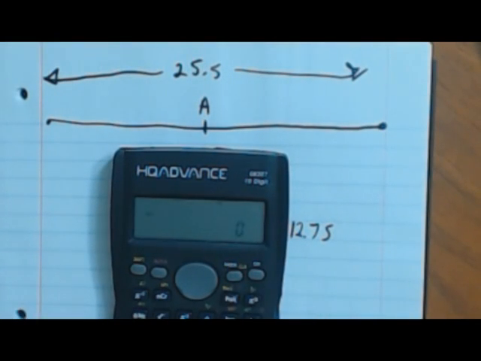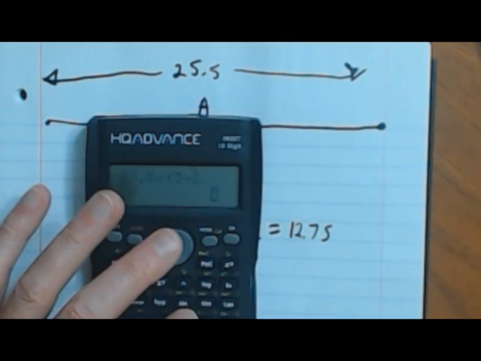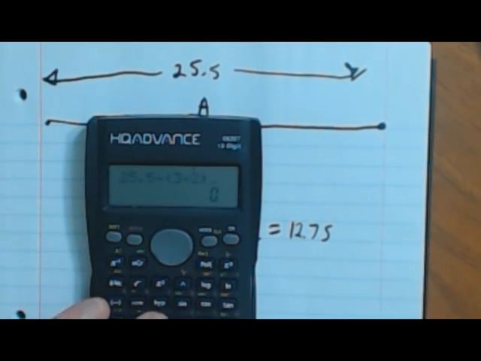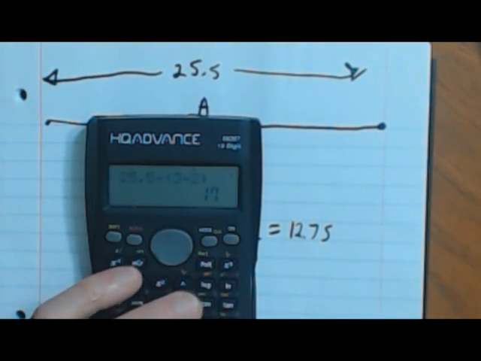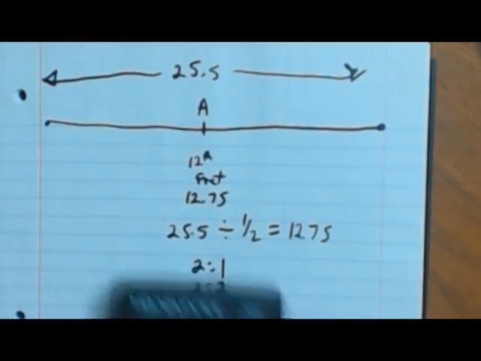You can take this calculator and say, all right, well, I got 25.5, and I am going to divide that by 3 divided by 2, and we're going to get 17, and I'm going to subtract that from 25.5 to get the measurement, which is 8.5. Okay, so you get how that works.